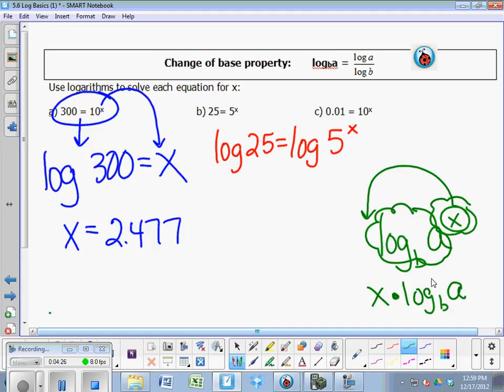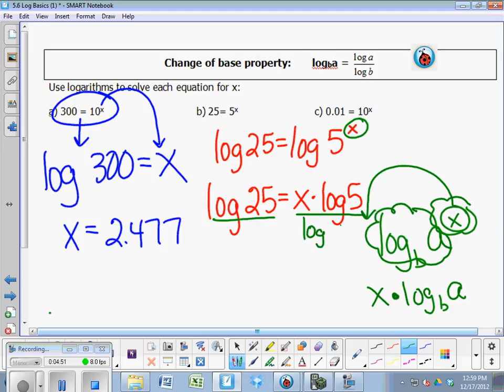Okay? Okay, good. So, using that rule, where can this little x go? In front of the log 5. And now that we have x times log 5, how will you get rid of the log 5? Divide both sides.